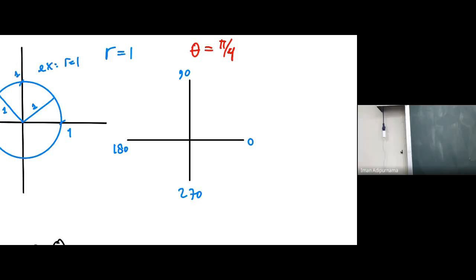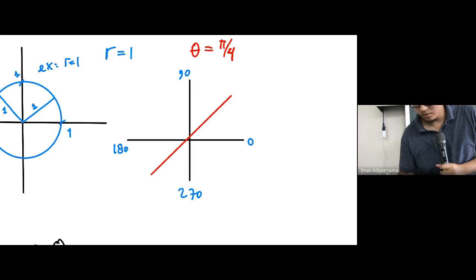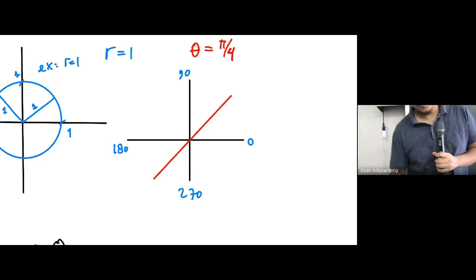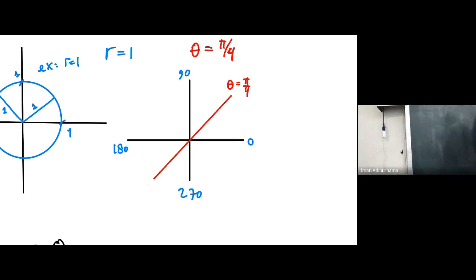So if you just have theta equal to pi over 4, then this is the line. This is theta pi over 4. Do you accept that?